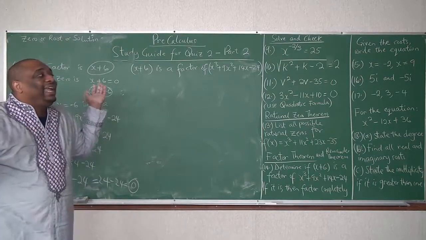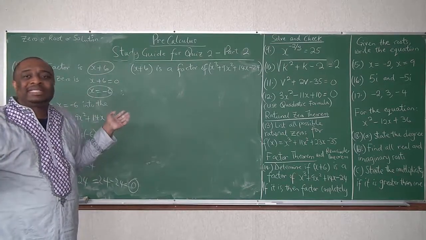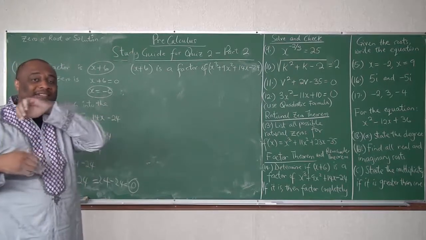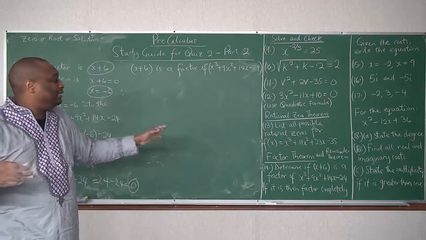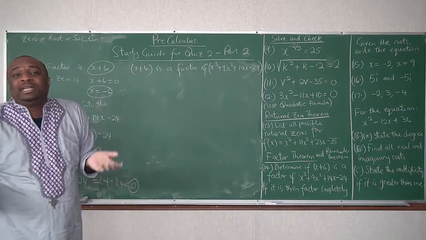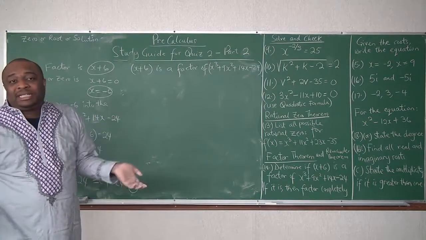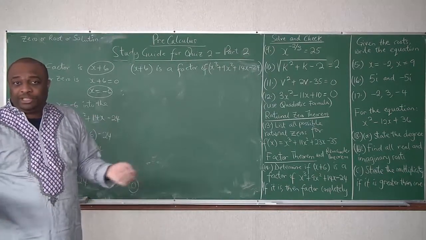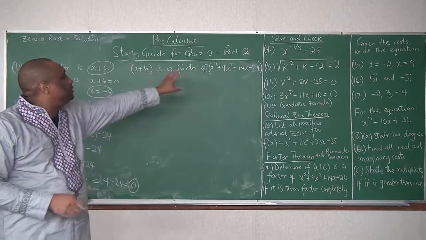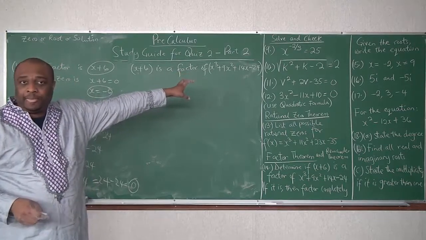Now, if you don't want to do all this, you can use synthetic division or long division, because you will still need to use synthetic division anyway. This is the divisor, and this is the dividend.